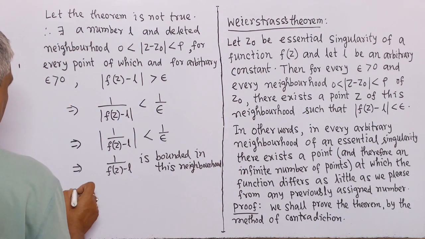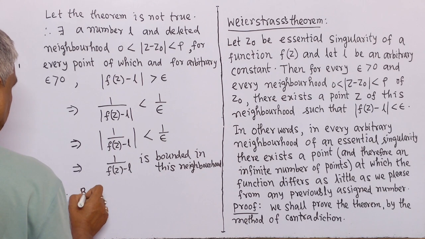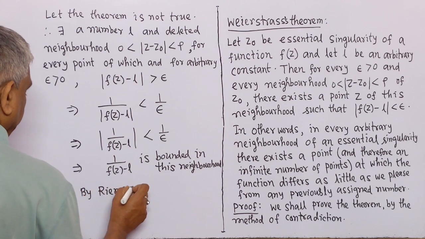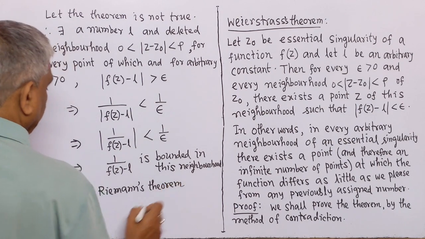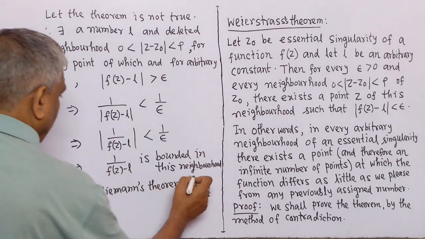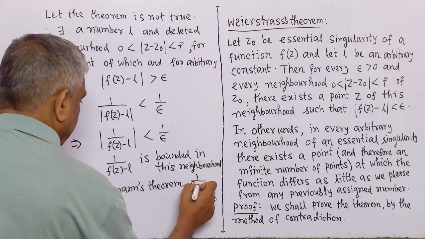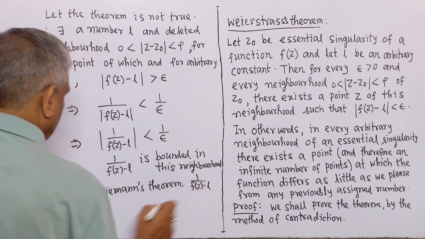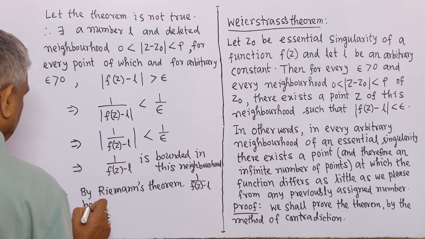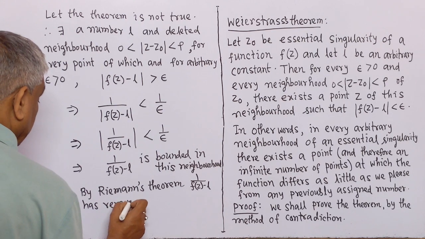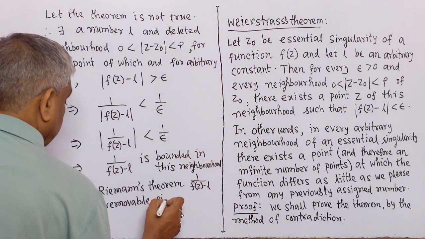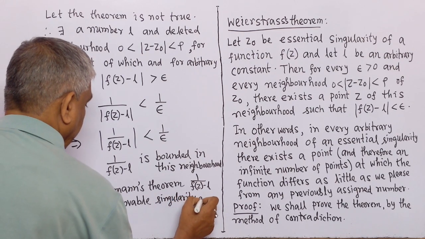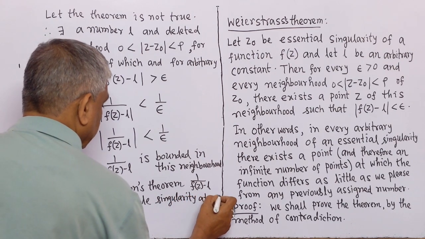Therefore, by Riemann's theorem, 1 by (f(z) minus L) has a removable singularity at z equal to z naught.